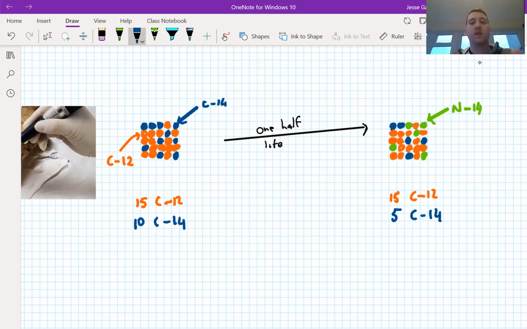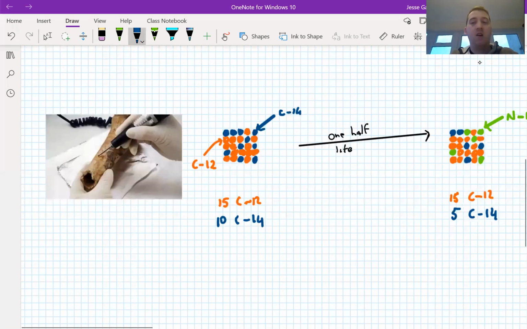So scientists can basically take a sample now, so say it's this bone here, and they can measure how many nuclei of carbon-14 are left.